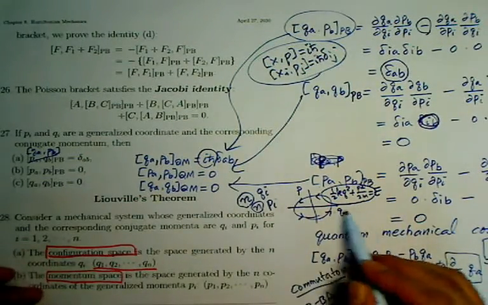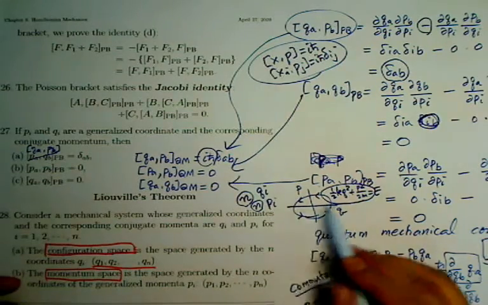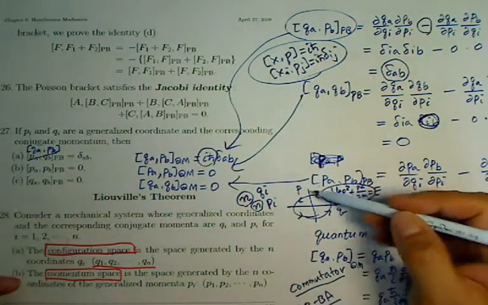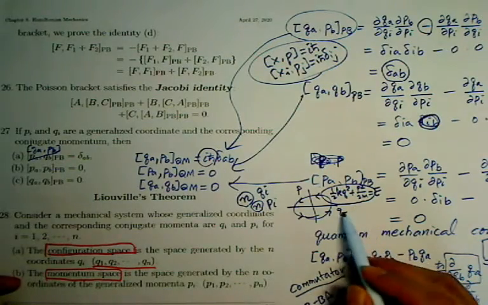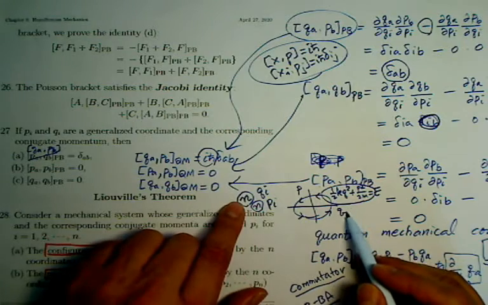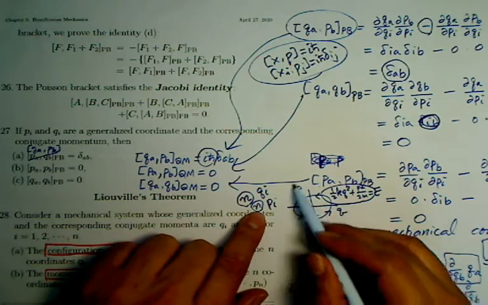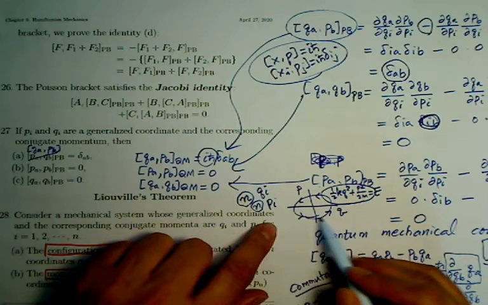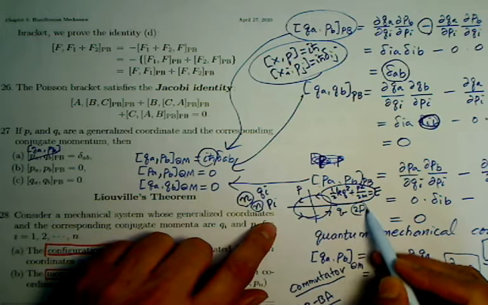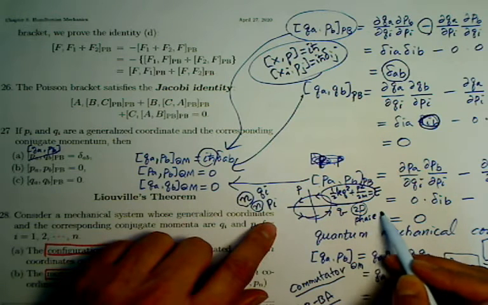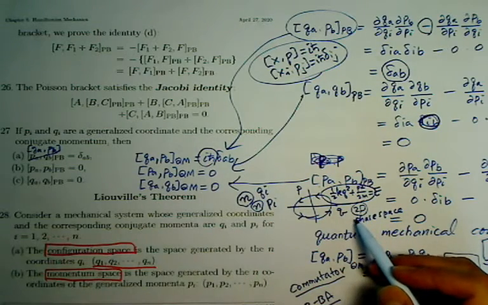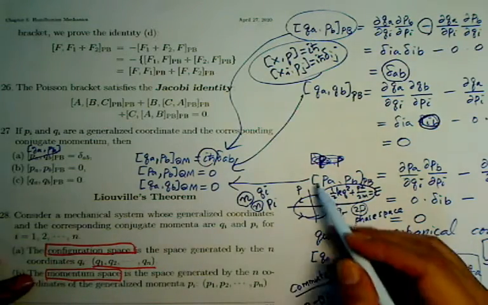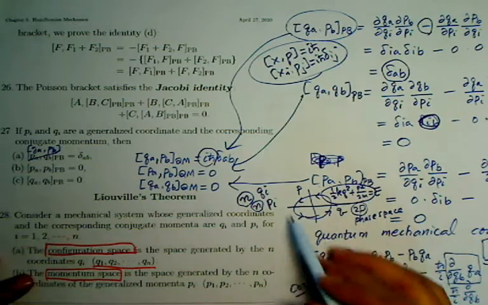This is the one-dimensional case. So phase space is generated by the allowed values of p and q. In case we have n coordinates and n momenta, then we have a 2n-dimensional phase space. One-dimensional particle motion is described in terms of two-dimensional phase space.